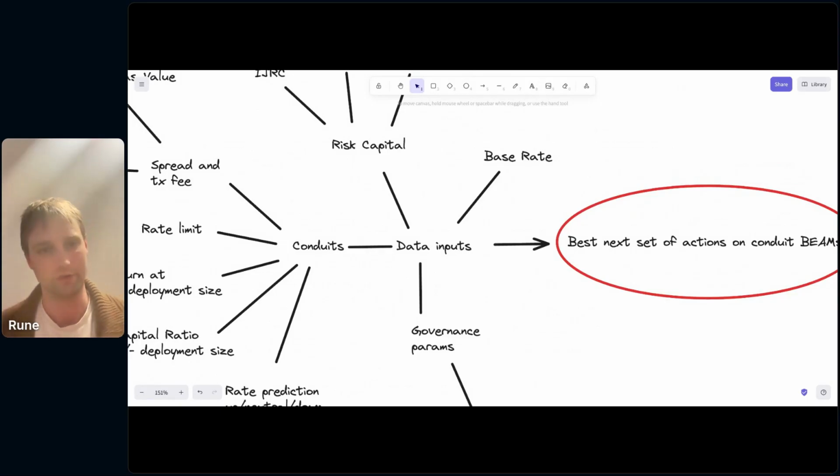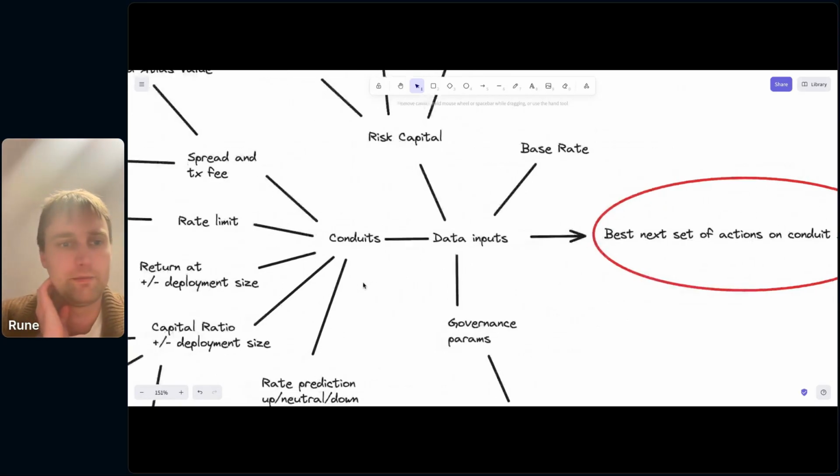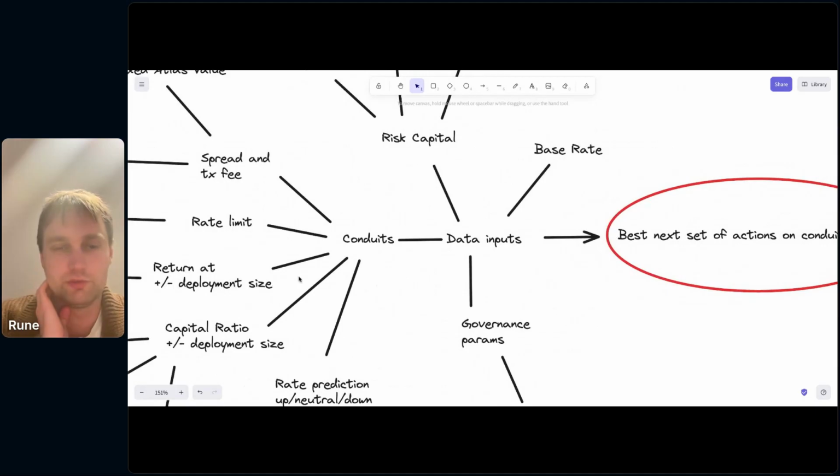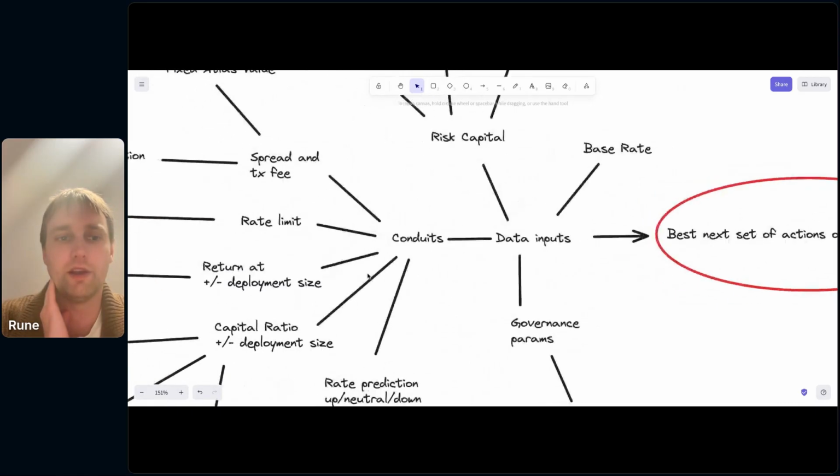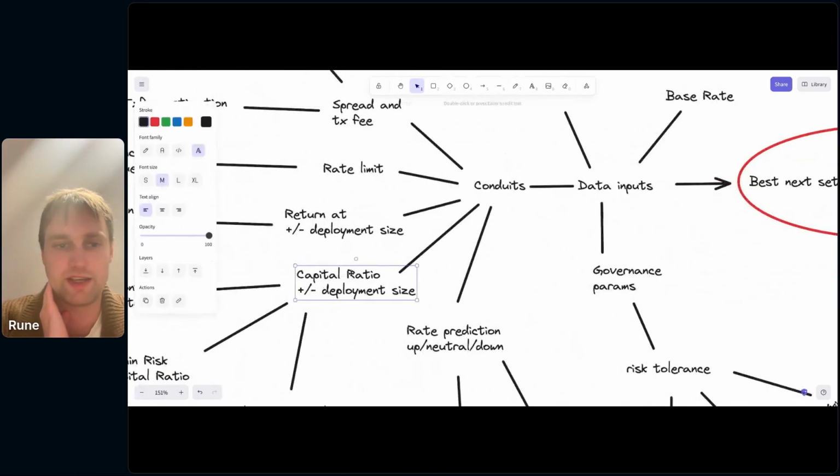That's a crucial part of what makes Sky great, that it gets to tap into the best of both worlds, both DeFi and TradFi. And on a per conduit basis, you get to figure out your leverage.